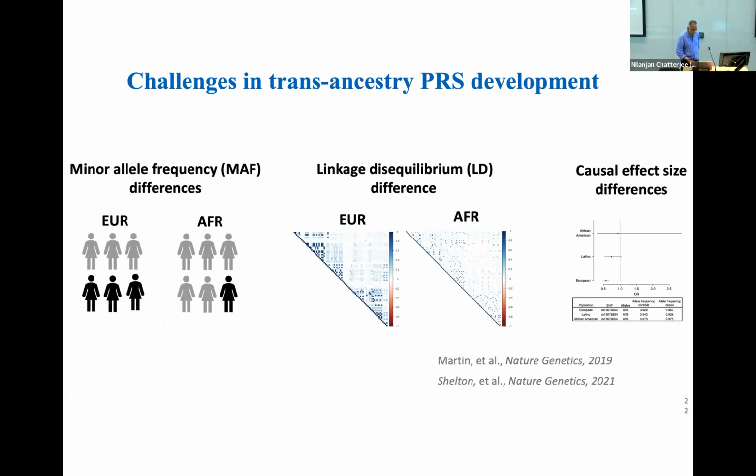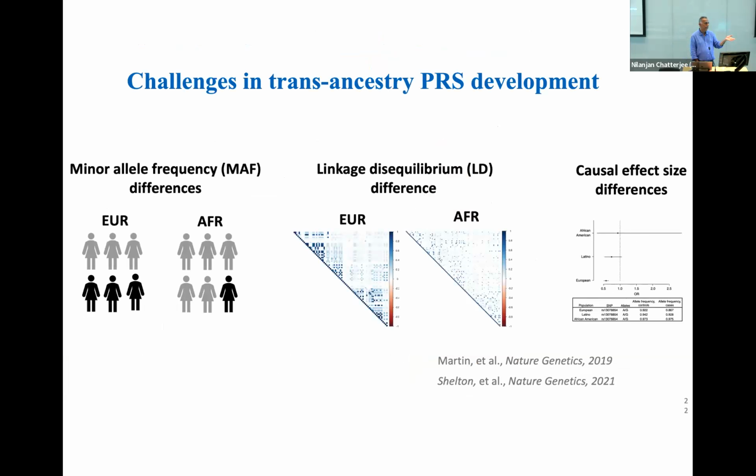The main reason people have identified for why a polygenic risk score generated from one population does not generalize to another population is, first, the big difference in allele frequency. The genome-wide association studies we have done have been designed for European populations. So basically, we are studying variants which are more common in European populations. We have identified causal variants which are more common in European populations.